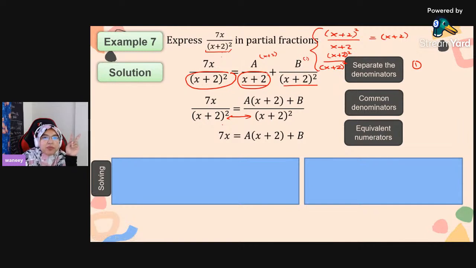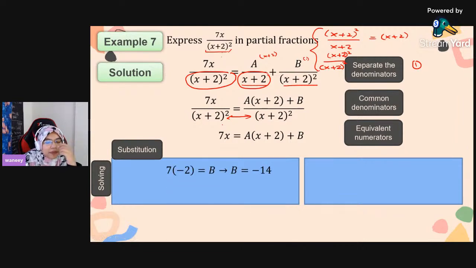So again, we have two methods, either substitution or by comparing coefficients. I'm using substitution now. So I will try to substitute with -2. So 7 times -2 is equal to B. That means B is equal to -14. For this part over here, I don't see any other factor, so it is better for me to use any number that I want.